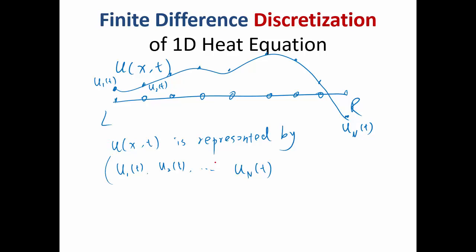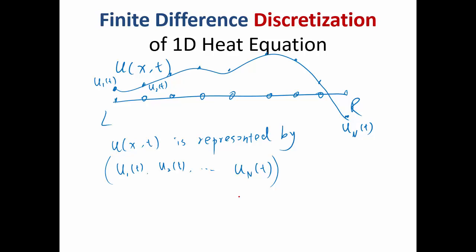So this is a vector function of time. And the goal of finite difference for the heat equation is to derive a method of solving for this vector function of t. The way to do that is to derive an ordinary differential equation that represents that evolution.